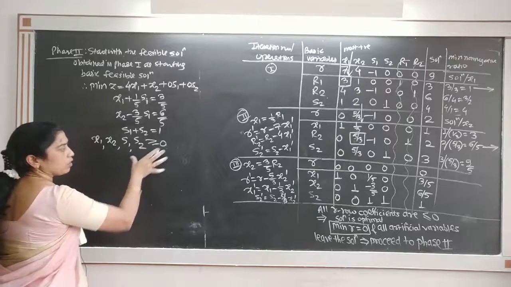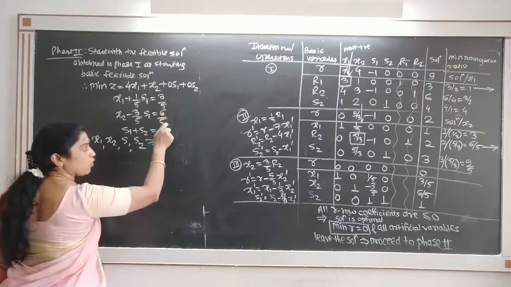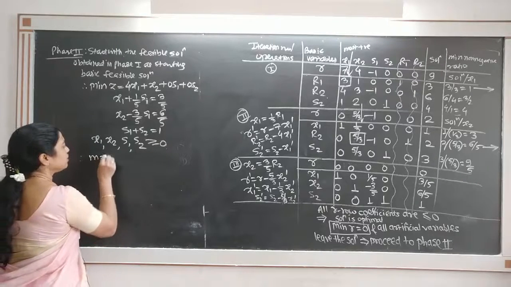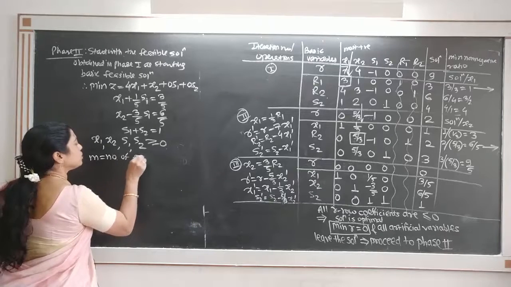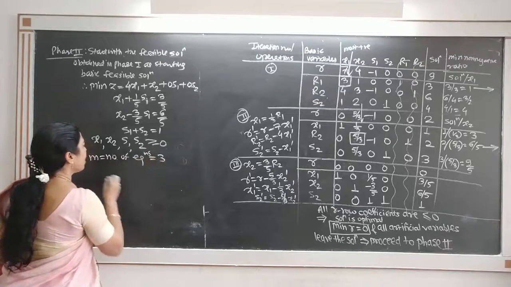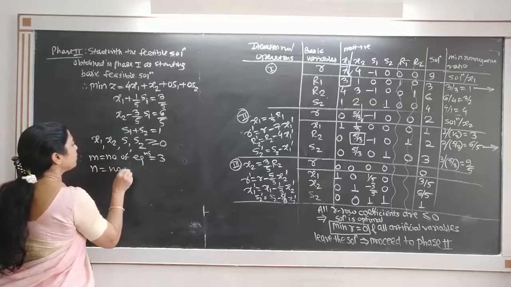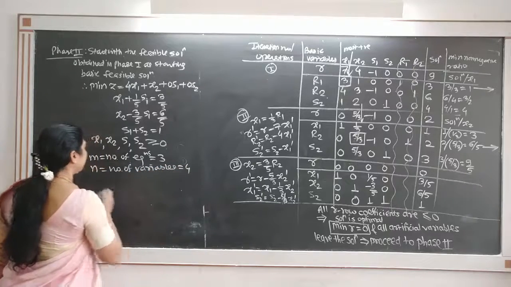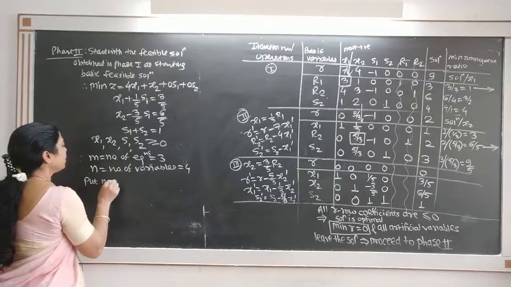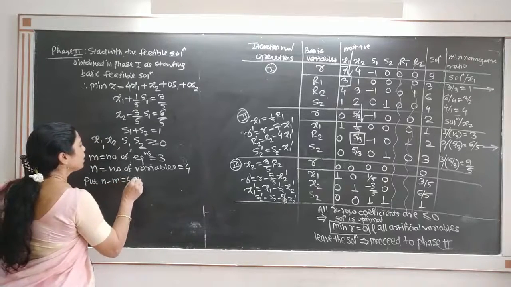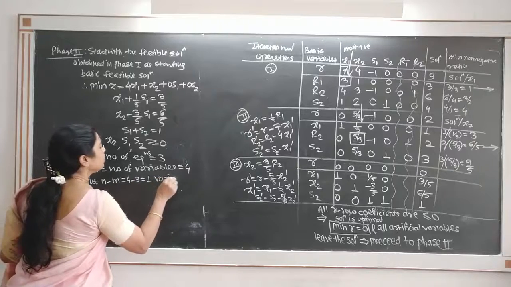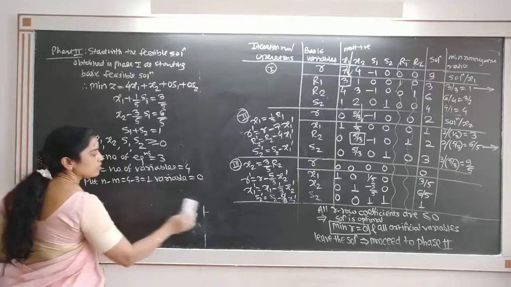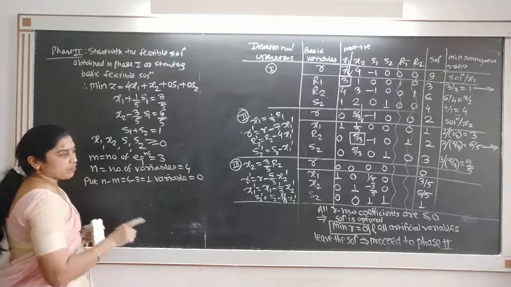Now this is as usual our simplex. The conditions are already equalities, and therefore m, that is the number of equations, is 3, and n, that is the number of variables, is equal to 4. Put n minus m, that is 4 minus 3, one variable equal to 0. That variable is always a non-basic variable.